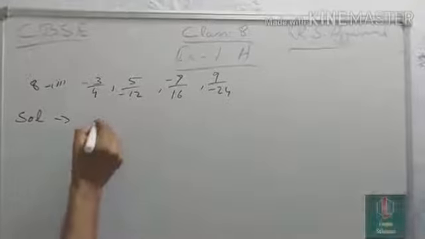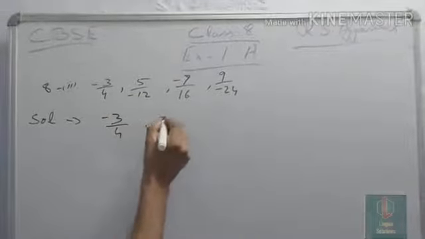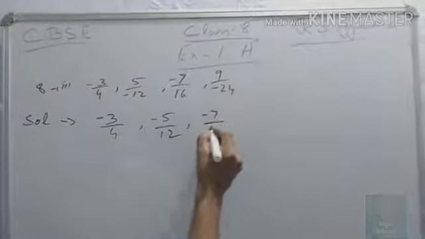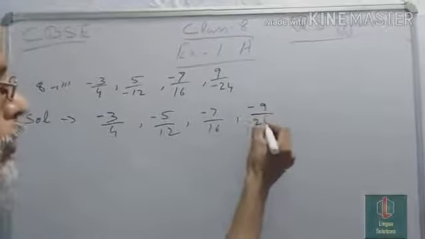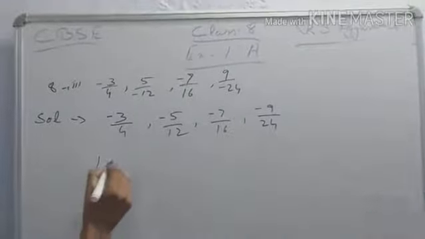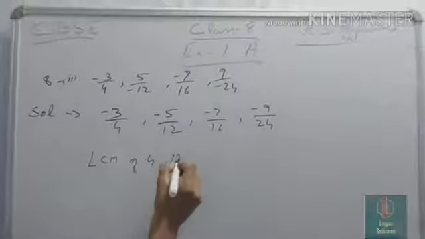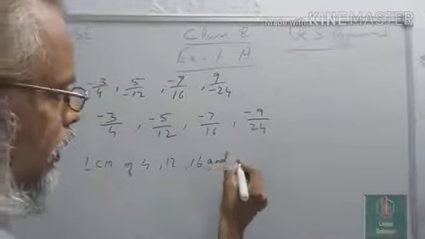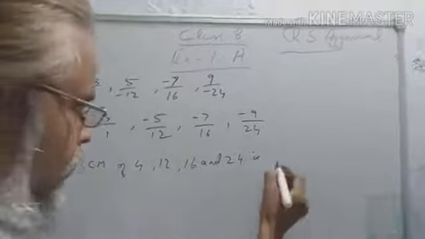So we can write it as minus 3 by 4, minus 5 by 12, minus 7 by 16, minus 9 by 24. Now take the LCM of 4, 12, 16 and 24, which is 48.